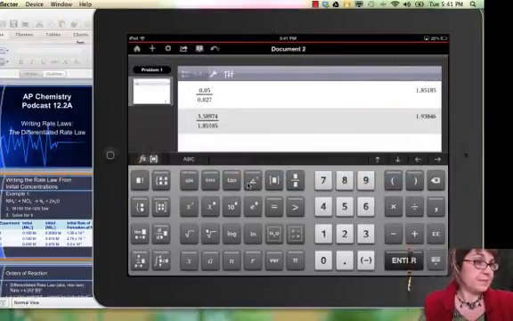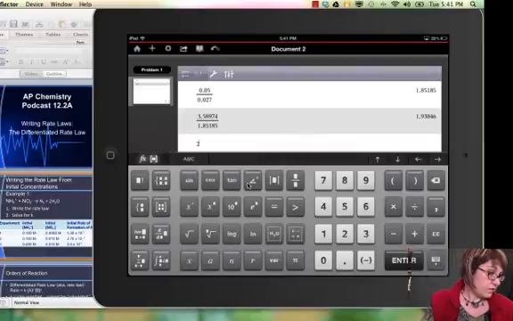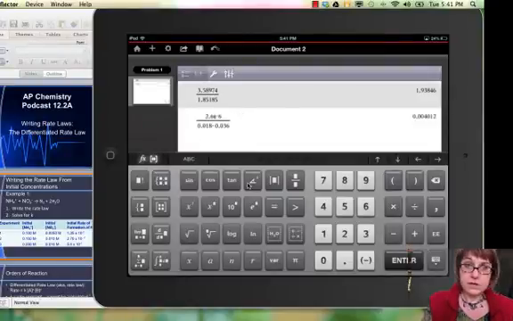Okay. So 2.6 times 10 to the negative 6 divided by the product of 0.018 times 0.036. And I get 0.004012.